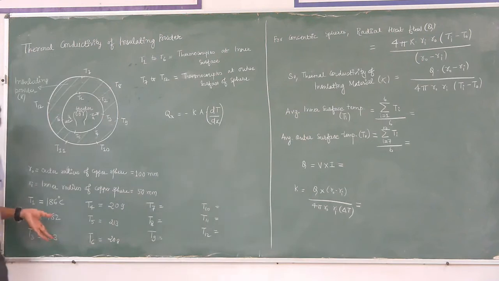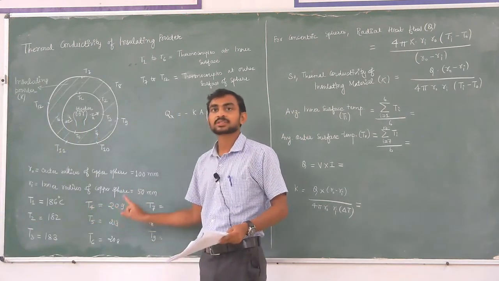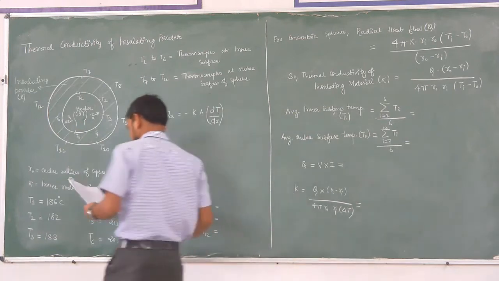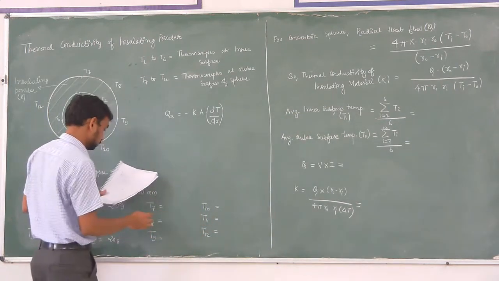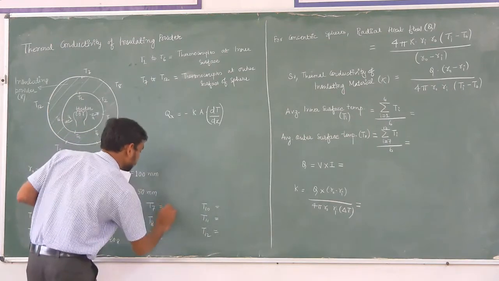So, these are the temperature readings at the inside sphere, and similarly from T7 to T12 at the outer sphere radius.